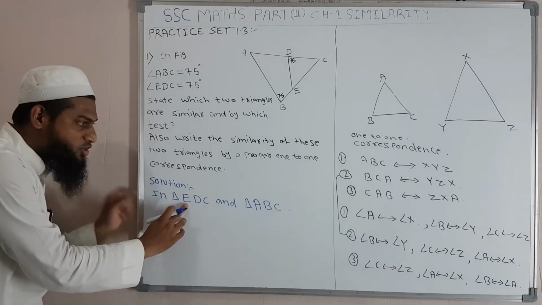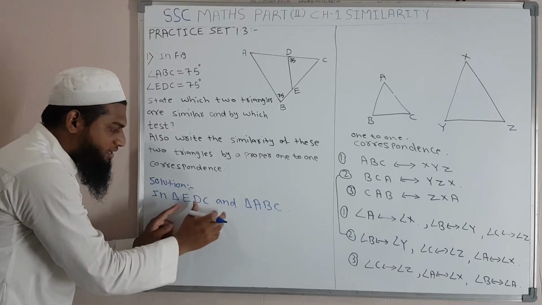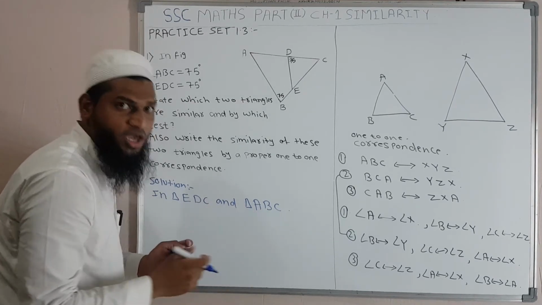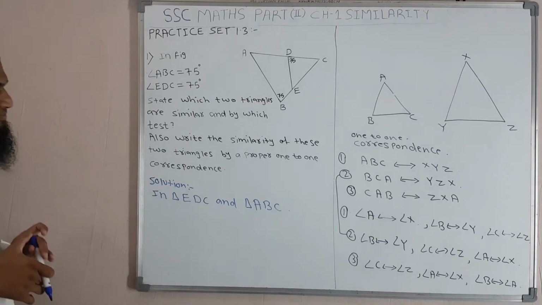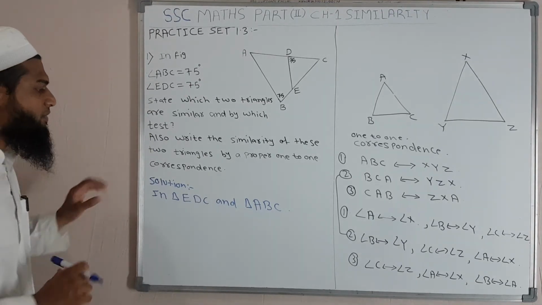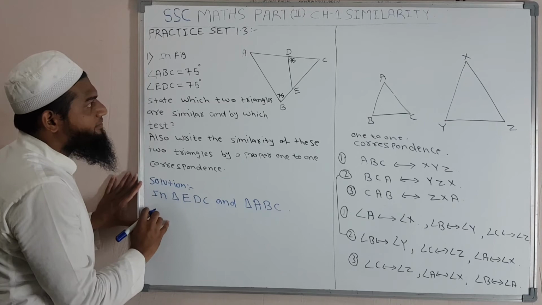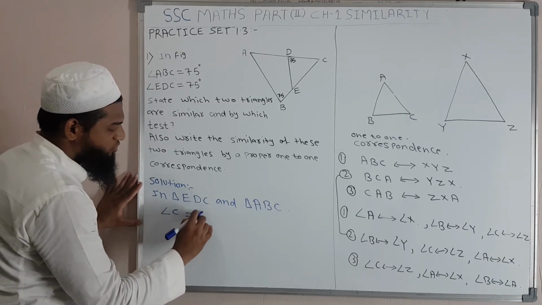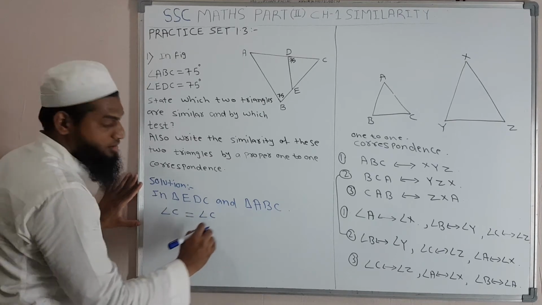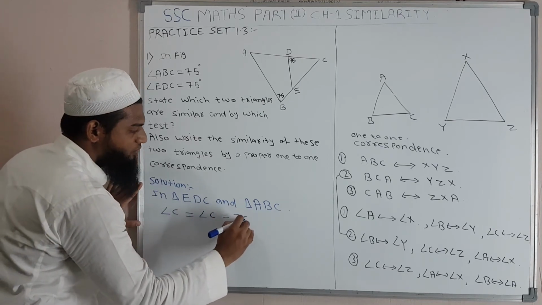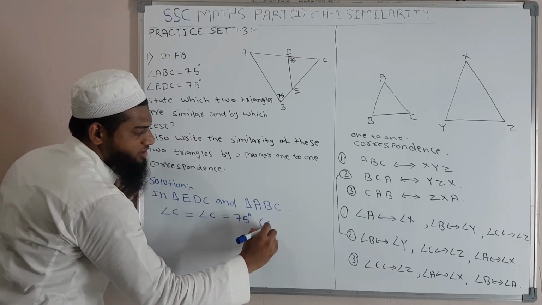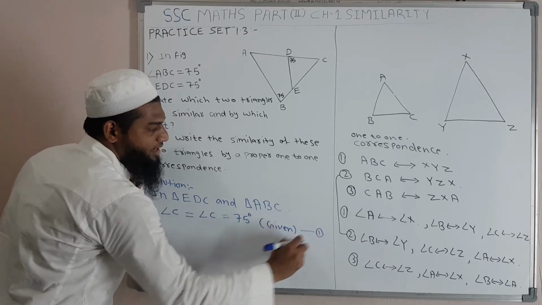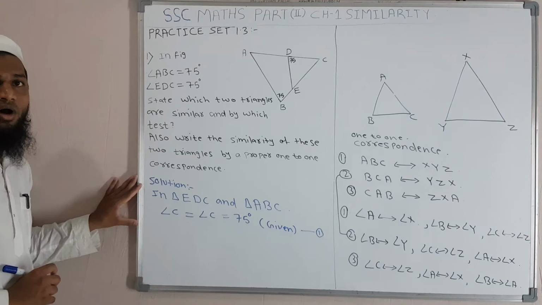Angle E corresponds to angle A, D corresponds to B, and C corresponds to C. C is a common angle. So first we write angle C equals angle C equals 75 degrees. This is given. We can write it as equation number 1.